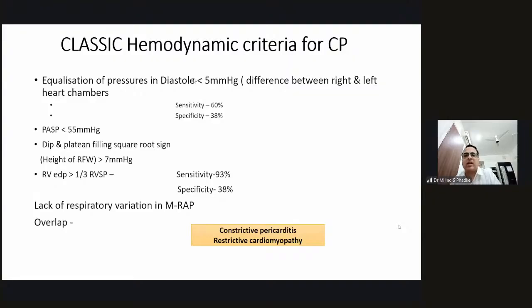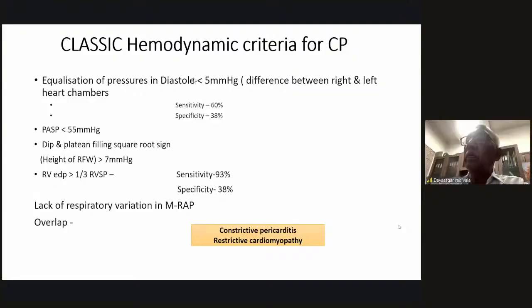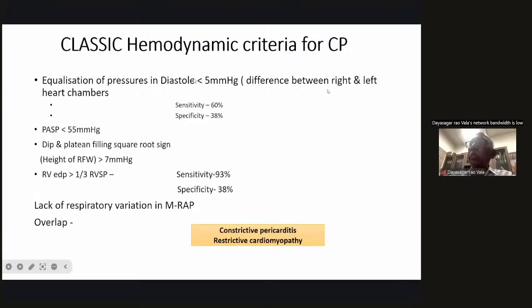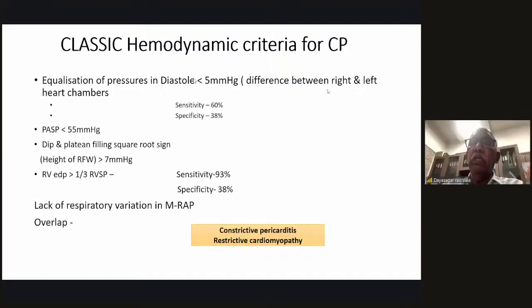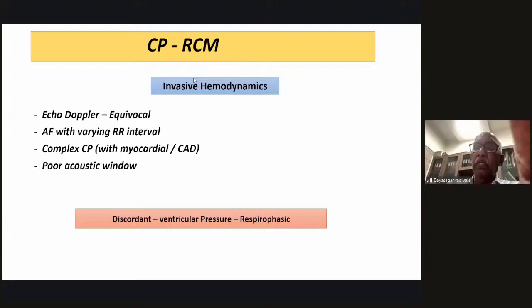Please click on it, go to the standard view or onto the speaker. Just click on Speaker. Speaker view, yeah. Okay. So this is what it is. Can you go back one slide backwards? Yeah, okay. One slide forward now.